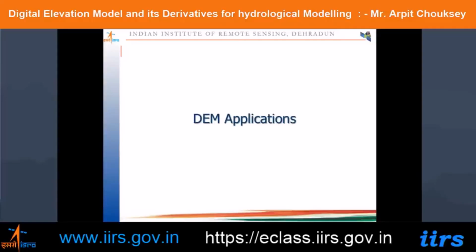Then hydrological and flood modeling. DEM is the very primary building block of any type of hydrological model. Without DEM, we can't set up a hydrological or flood model. So this is the very basic input parameter.